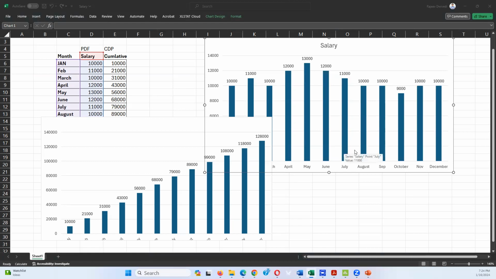After June, July plus August plus September plus October plus November and December. Here the whole salary is 128,000 and you subtract 68,000, because up to June salary is 68,000. So 128,000 minus 68,000 is 60,000. So you get the direct answer.